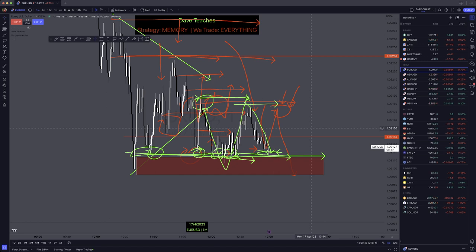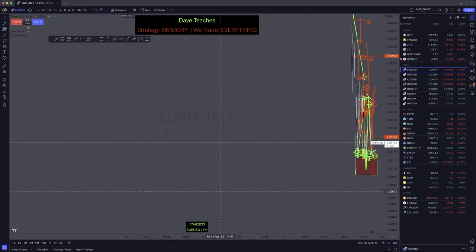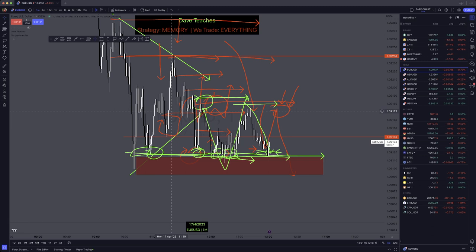Remember, we mention that oftentimes price does break this. You get that ranging off of it, or retail might call it support or whatever. But they usually break the low, tap into something below it, and then it trades you back up into the range to start taking out some of the highs that are up there.